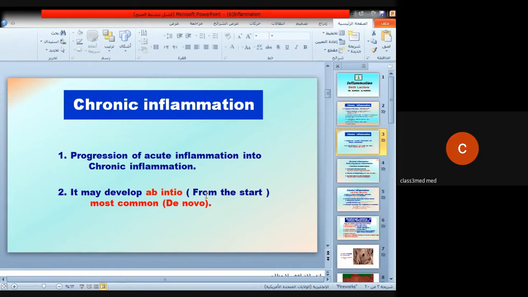From the start, it is a chronic inflammation, which is the most common. So chronic inflammation arising ab initio or de novo from the start is more common than chronic inflammation from a progression of acute inflammation. Clear? Because it is either progression of acute inflammation or starting de novo. De novo or ab initio are Latin words meaning from the start.